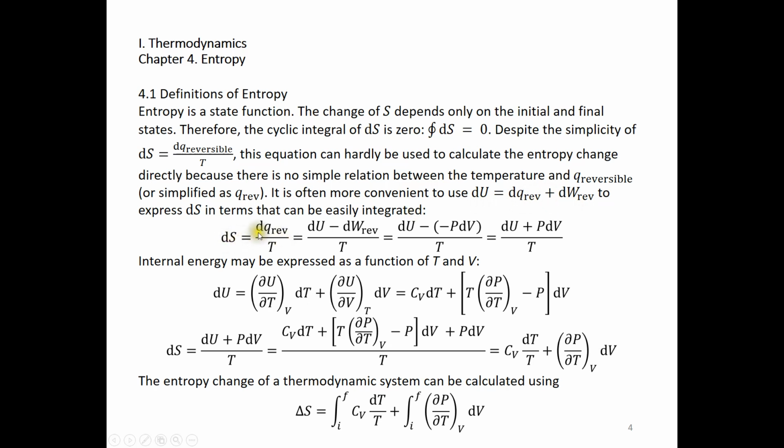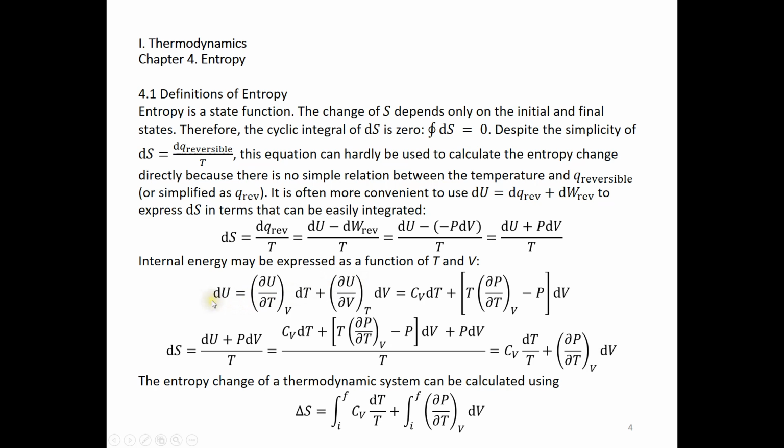Therefore, dS is equal to dq reversible over T, and dq reversible is dU minus dw reversible. And dw reversible is simply negative pdV. And therefore, we can have this dS is equal to dU plus pdV divided by T. Now, the internal energy can be expressed as a function of temperature and volume.